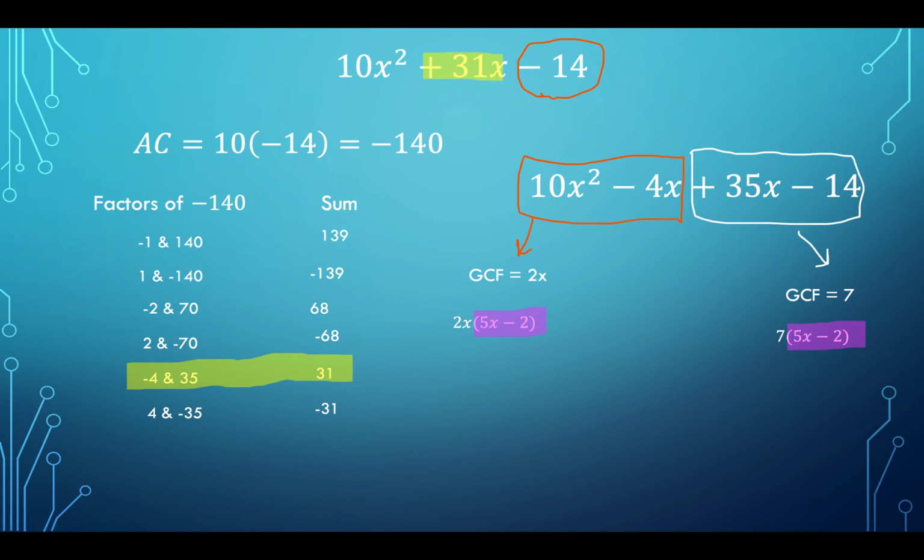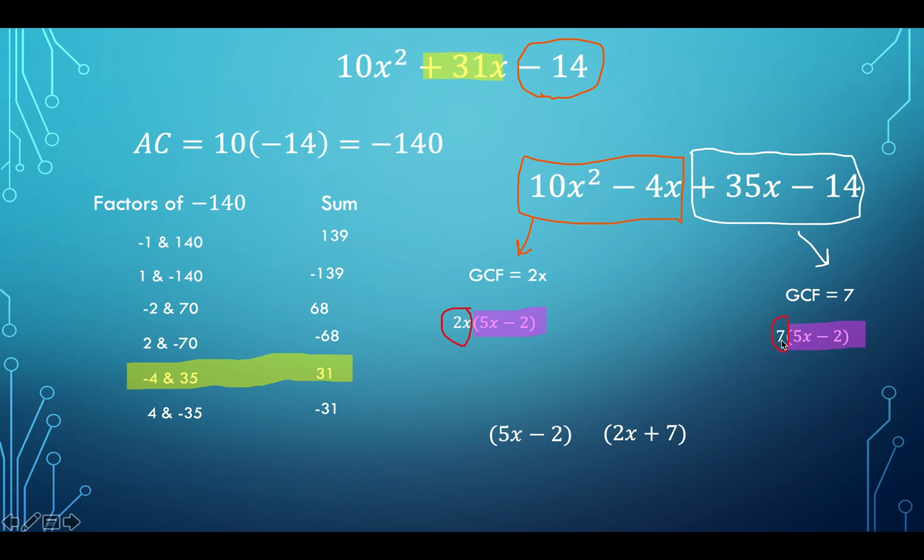We have our set of twins. We have 5x minus 2 in 2 places. So we're going to take only one of those parentheses and write 5x minus 2. Then we have this 2x and we have the 7 left over. What are we going to do? We're going to group those together. So we have 2x plus 7, right? Because it's plus 7 because why?